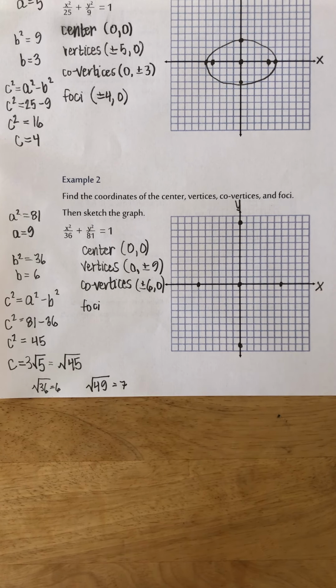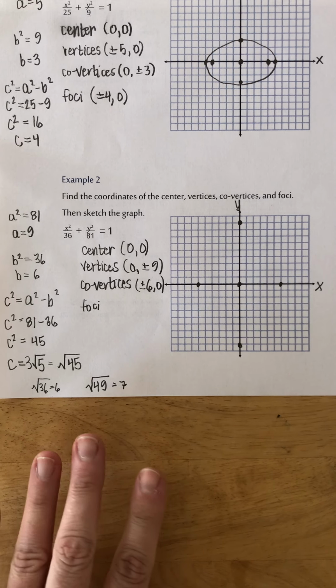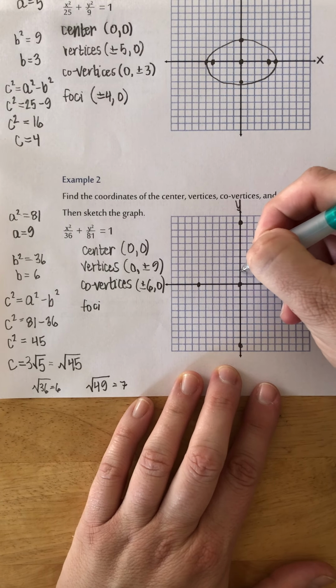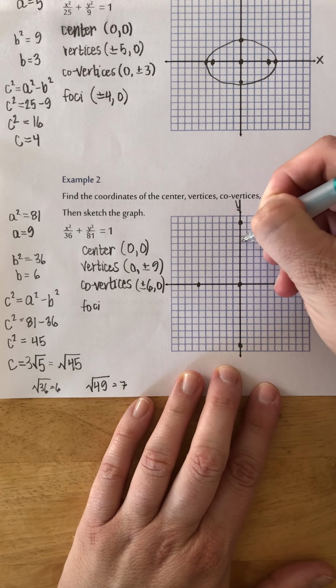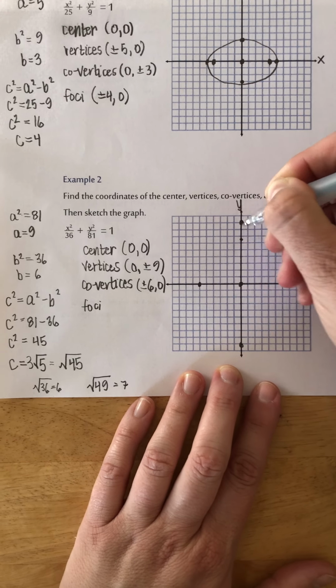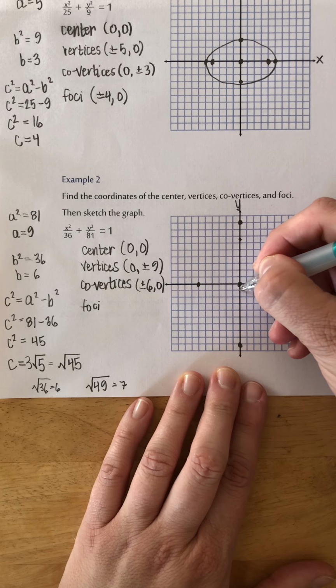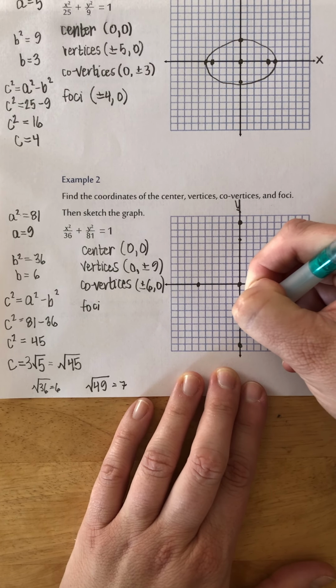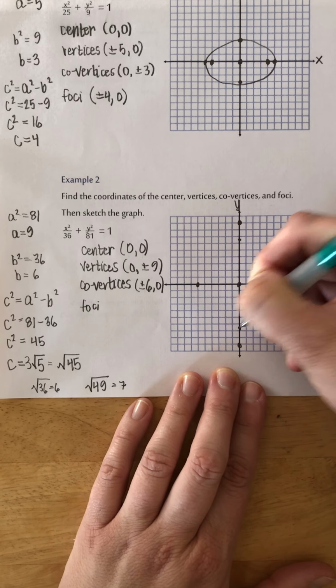So I'm going to be going up and down over maybe 6.5, right? So 1, 2, 3, 4, 5, 6, and maybe a little bit more than 6.5, because I'm closer to the 7, and then I'm going to do the same thing going down.